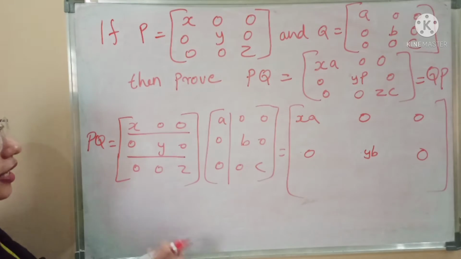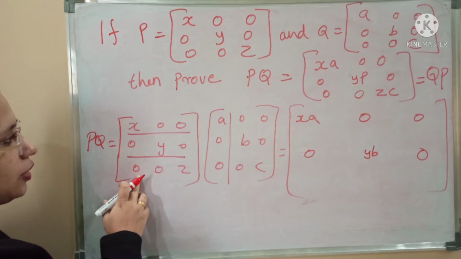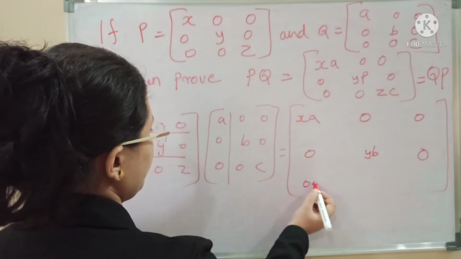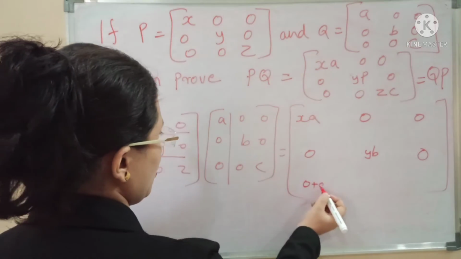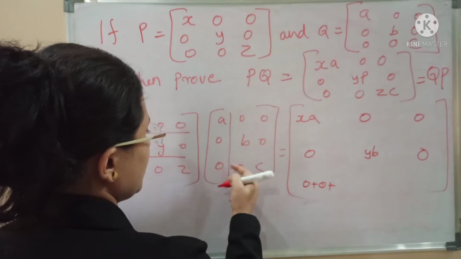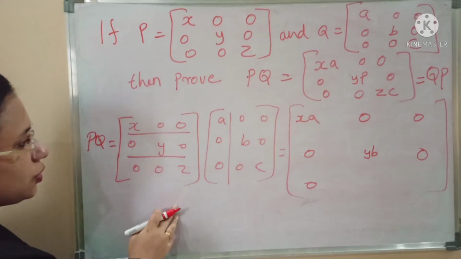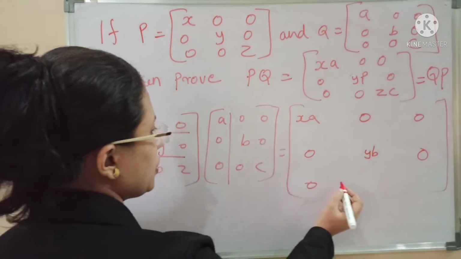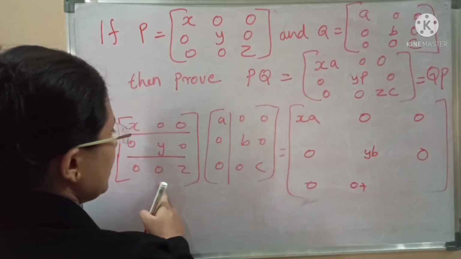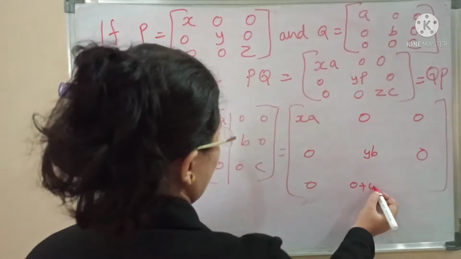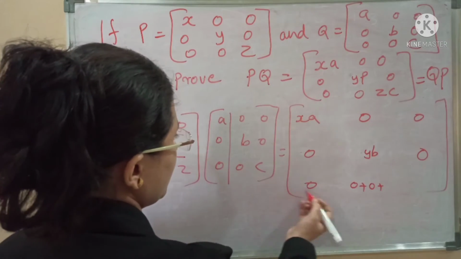Clear? Third row, first column: 0 into a plus 0 into 0 plus z into 0. Third row, second column: 0 into 0 plus 0 into b plus z into 0.